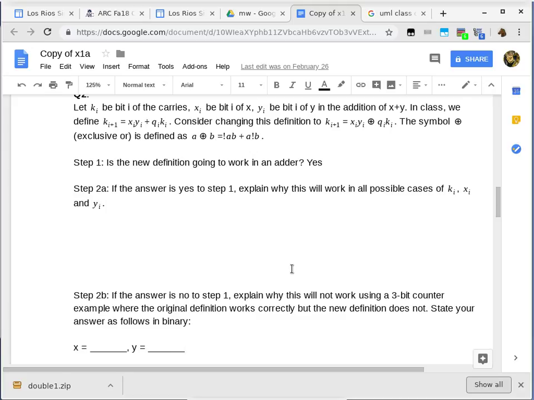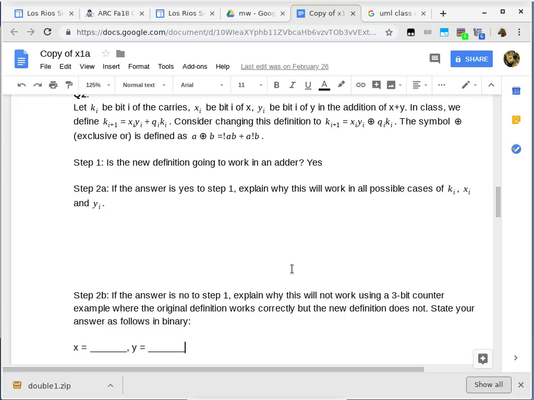Well, let's think about it. If q_i k_i is a 1, q_i has to be a 1. But if q_i is a 1, which is the exclusive or between x_i, y_i, they cannot be the same. So one has to be a 1, the other has to be a 0, which means x_i y_i has to be a 0. That would be the explanation, to explain why it's not possible for both conjunctions to be 1s.